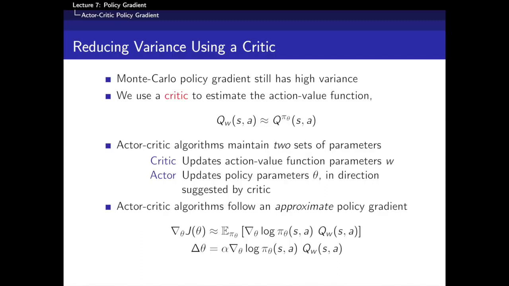And what we're going to do then is, at each step, we're just going to move a little bit, using stochastic gradient ascent. Every step, we're going to move a little bit in the direction of the score multiplied by a sample from our own function approximator. So the critic is saying, hey, I think this thing is good, or I think this thing is bad, and then we move a little bit in the direction that gets more or less of the things that the critic says are good or bad.